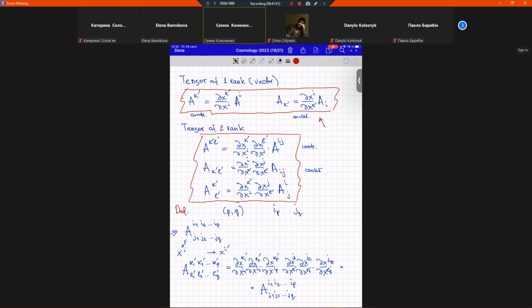Can we consider k prime as just x_k', so that x_k' equals the derivative of x_k' by x_i multiplied also by x_i?